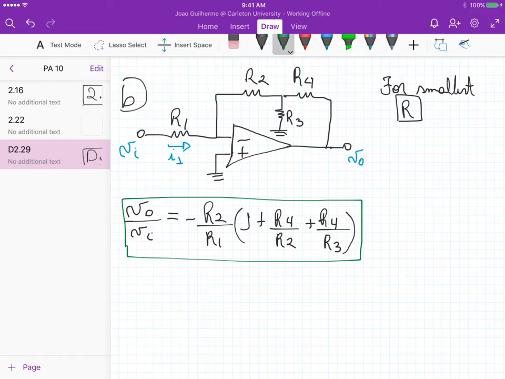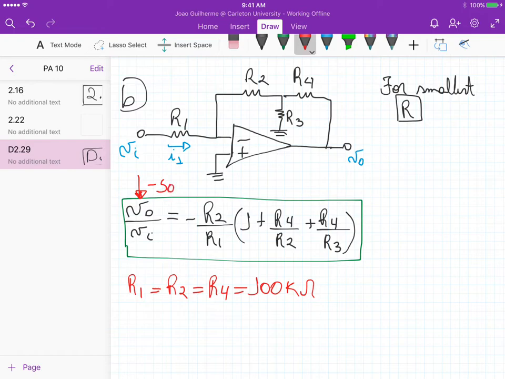Now, let me write here, R1 equals R2 equals R4 equals 100k, and we know that this gain should be equal to minus 500.